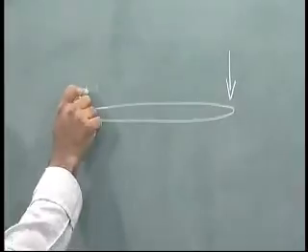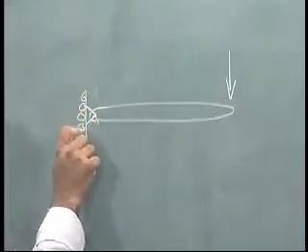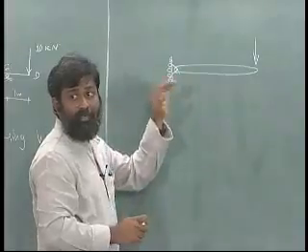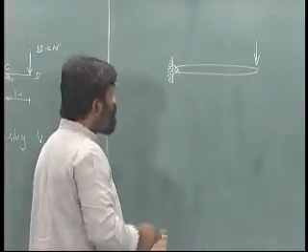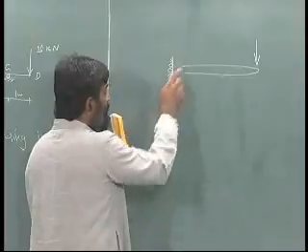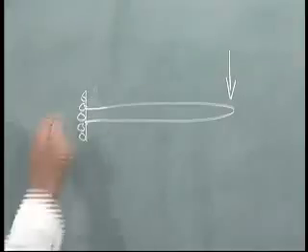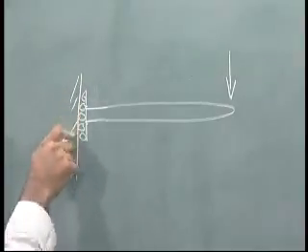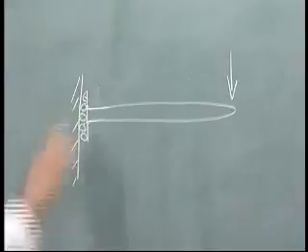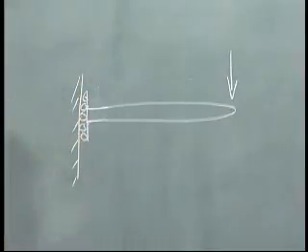I am going to release the vertical displacement, but will not allow rotation, which means what? It is rigidly connected to this guy, and this guy can slide only like this. So this guy cannot rotate like this, okay.